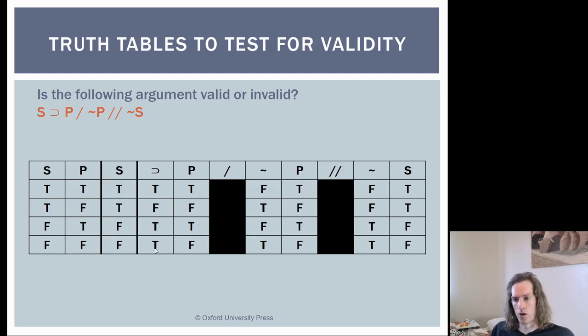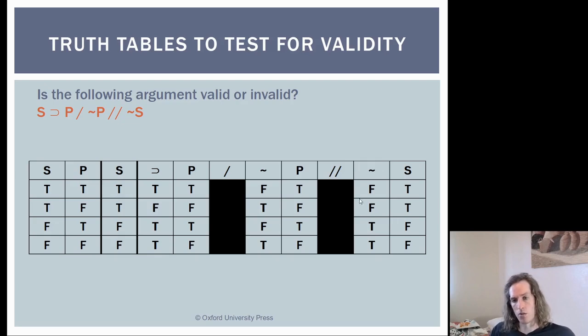So in the 4th row, both of the premises are true at the same time. And it turns out the value of not S is also true in that row. So we don't have a row in which the premises are true while the conclusion is false.